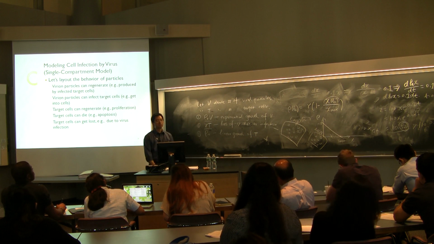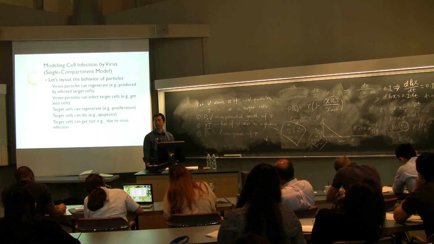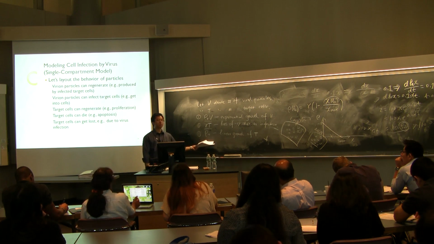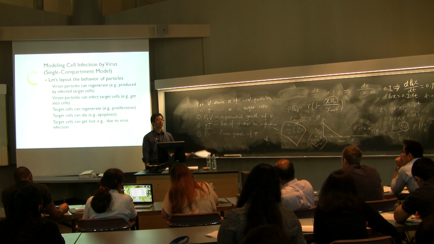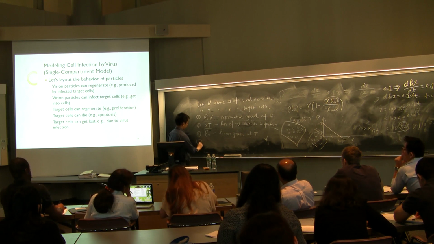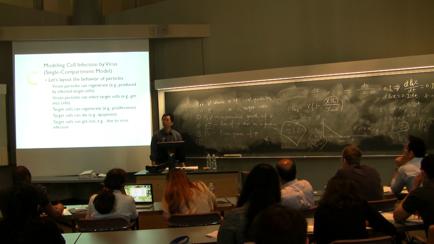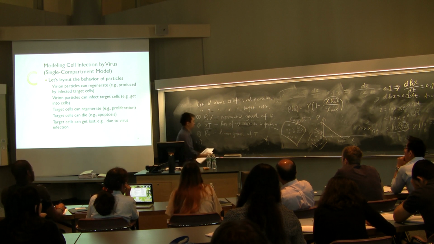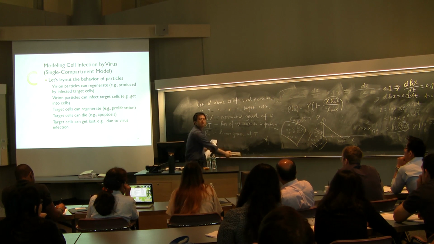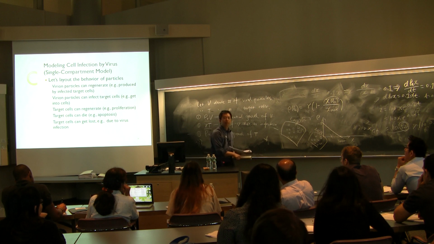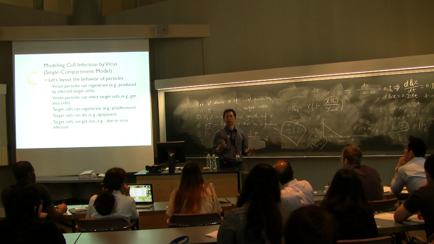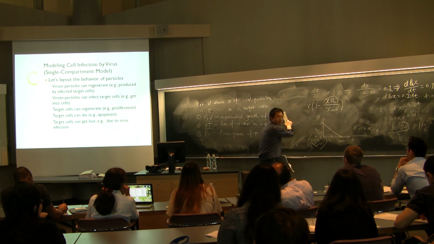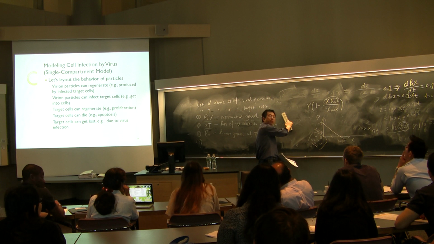So what is the reason that the cell will disappear or decrease in number? Because of infection. Infection will turn a target cell into an infected cell, right? And how about death? That's also possible, right?